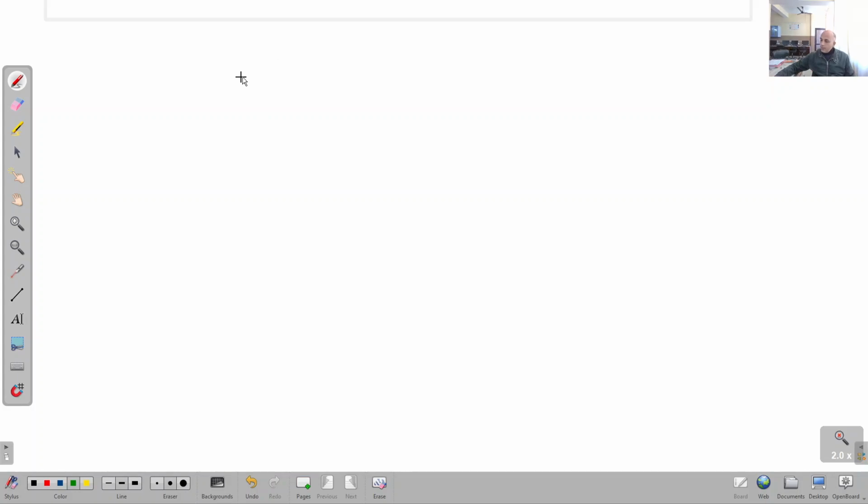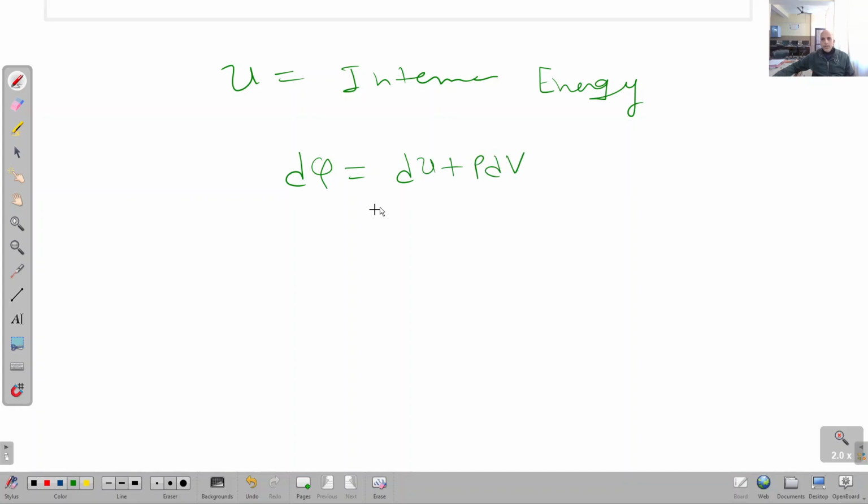U was internal energy. We know from the first law of thermodynamics, dq is equal to dU plus P dV, or I can say dU is equal to dq minus P dV.